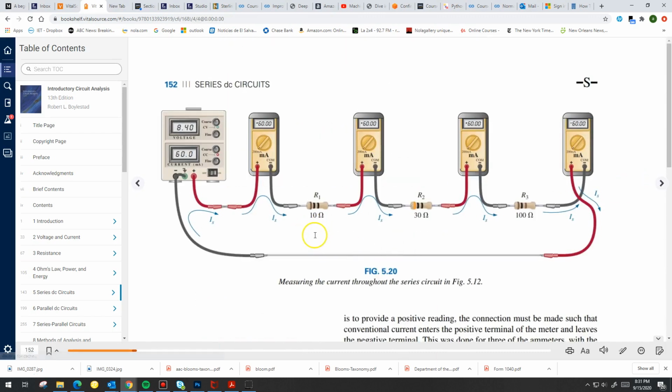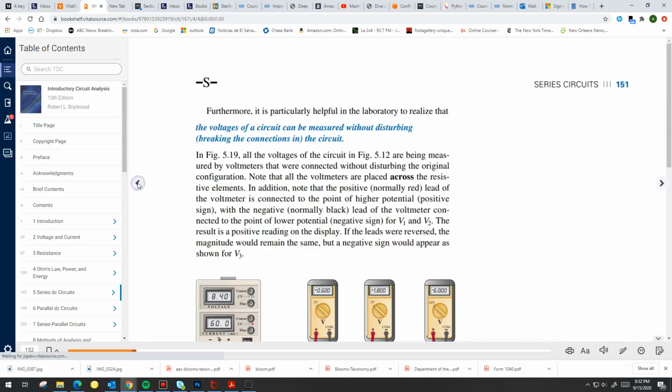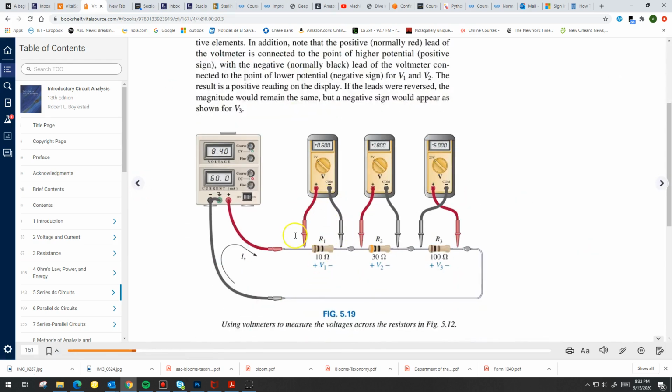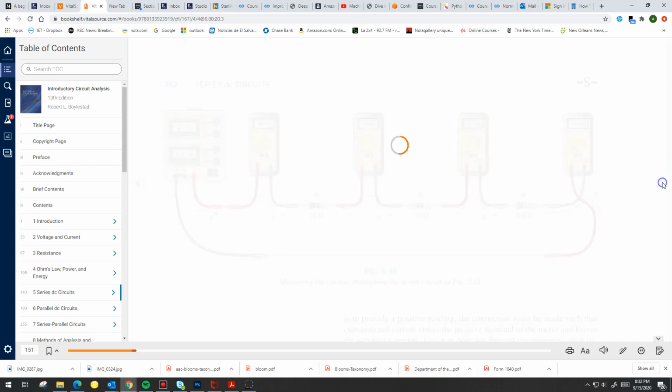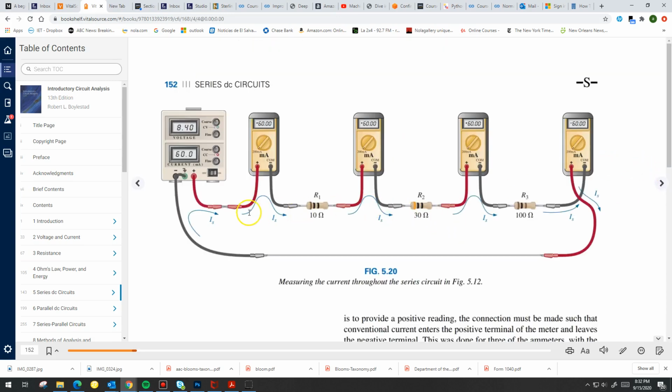And this is what I was saying before. Notice the difference. I'm measuring voltage, right? See how the leads are connected in parallel across the elements? But if I measure current, I broke the circuit. I actually opened two ends and connected back through the meter.